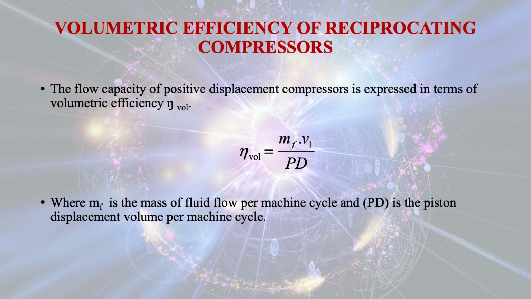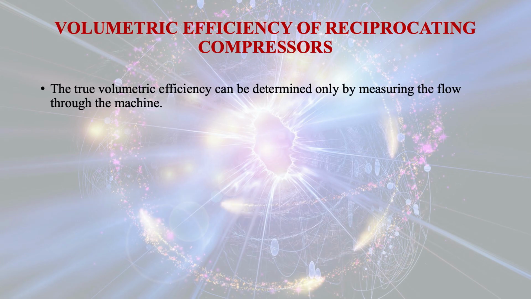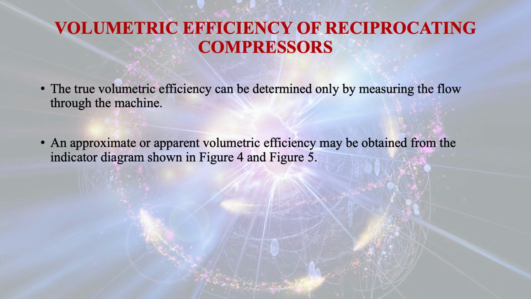Here mf is the mass of fluid flow per machine cycle and PD is the piston displacement volume per machine cycle. The true volumetric efficiency can be determined only by measuring the flow through the machine. An approximate or apparent volumetric efficiency may be obtained from the indicated diagram shown in figures 4 and 5.